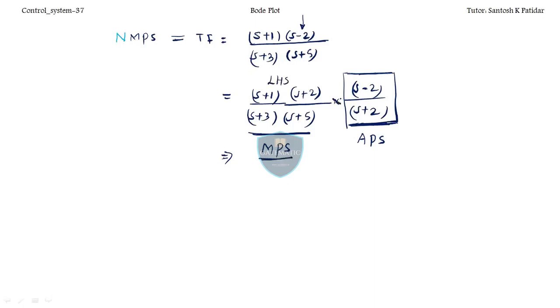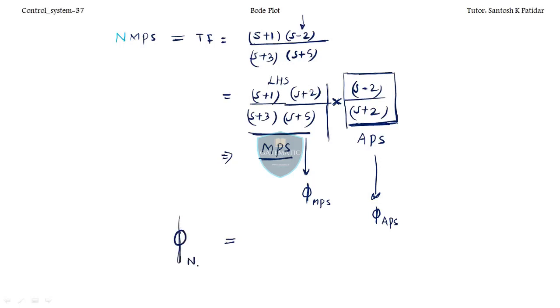So this is the MPS, isn't it? Now they are in multiplication, and suppose the angle provided by this is phi MPS, the minimum phase system, and because of this, phi APS. If two things are in multiplication, their phases we can add, isn't it? So I'm taking it in the form of phase.